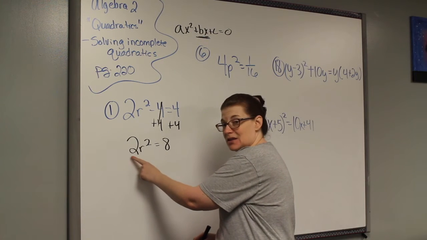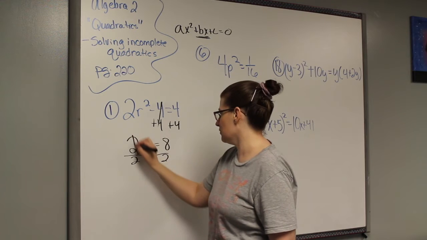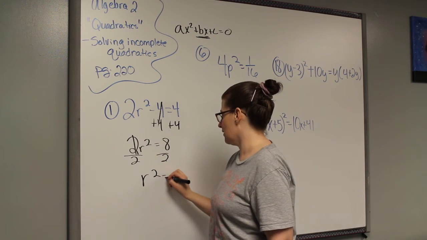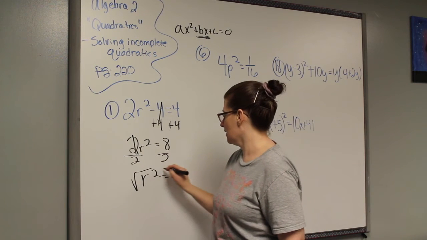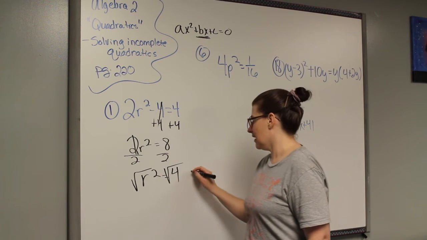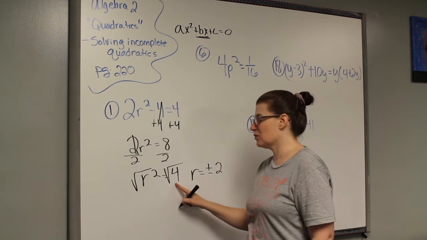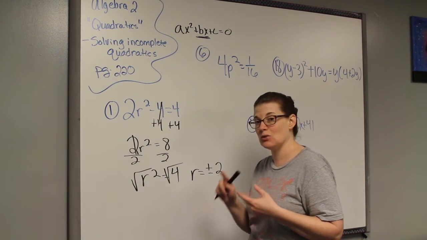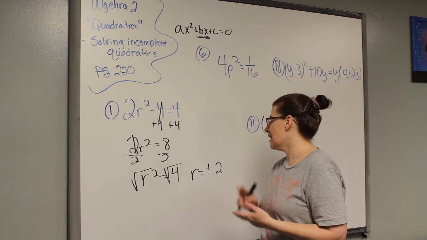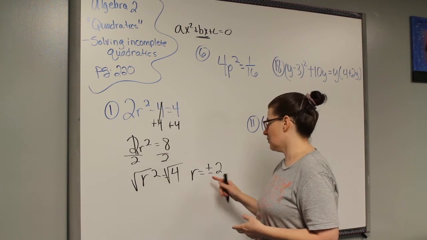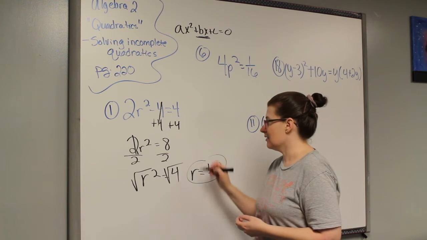Then it's still not by itself because it's getting multiplied by 2, so I divide both sides by 2, and I get r squared equals 4, and then we're going to take the square root of both sides, and r will equal plus or minus 2. The square root of 4 is 2, but it could be -2 or +2, because -2 times -2 makes 4, and +2 times +2 makes 4. So you must put your plus and minus in all the answers, and that's it, okay?